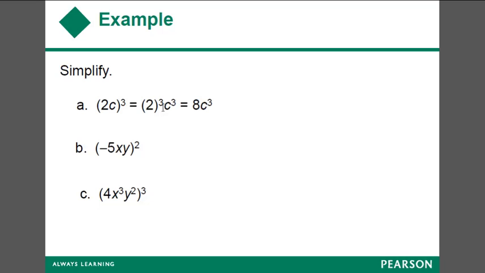That's the same thing as saying 2 to the 3rd times c to the 3rd. 2 to the 3rd becomes 8, c to the 3rd. Then I have negative 5xy squared. So I'll square everything. Negative 5 squared, x squared, y squared. Negative 5 squared is negative 5 times negative 5, which gives me a positive 25. And I get 25 x squared, y squared.